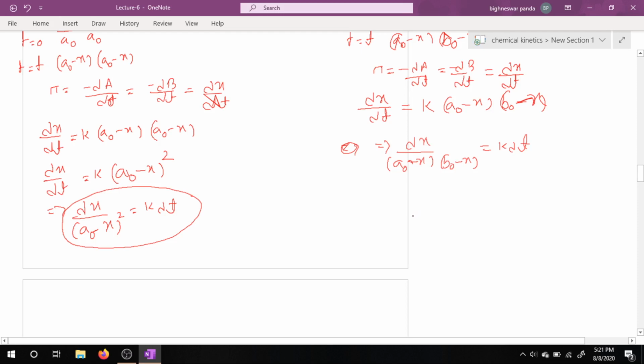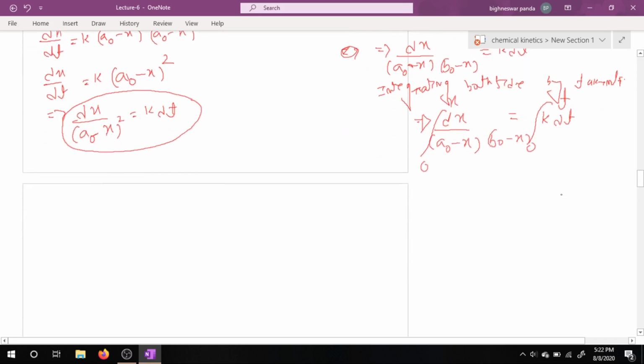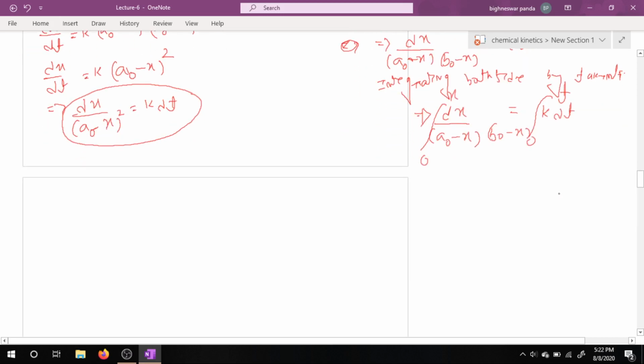And for solving, integrating both sides, we need the integration of dx by (A naught minus x) into (B naught minus x).